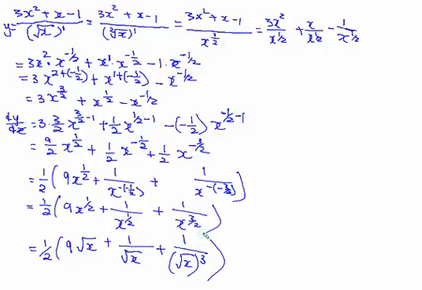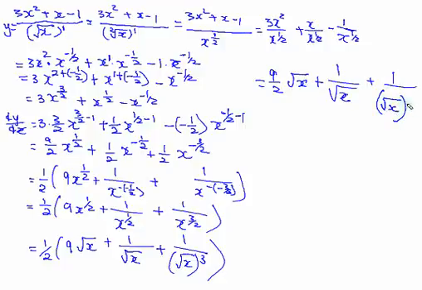Okay, now if you want to multiply back the 2 inside, so it becomes 9 over 2 square root x plus 1 over square root x, plus 1 over square root x to the 3. Okay, so that's it.